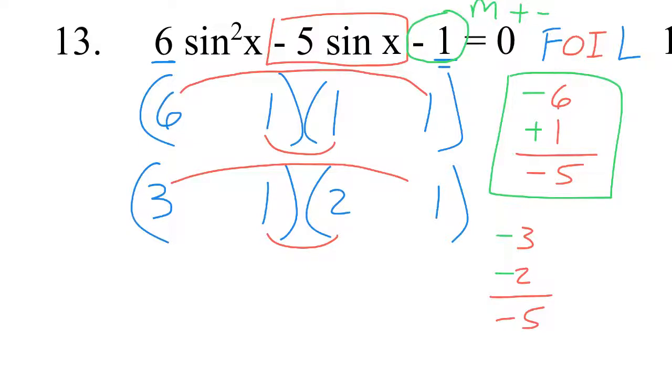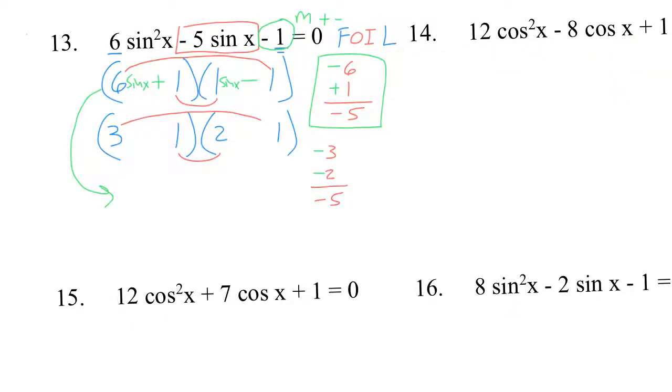So I want to use the negative here and the positive here. Once I've figured that out, I'm going to put the signs in here and do all my work from that point on with that one.